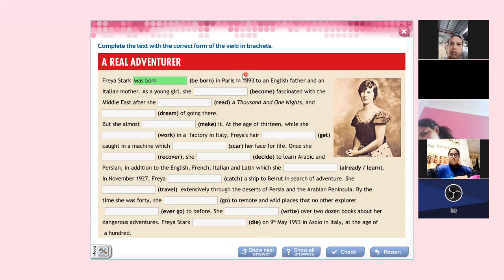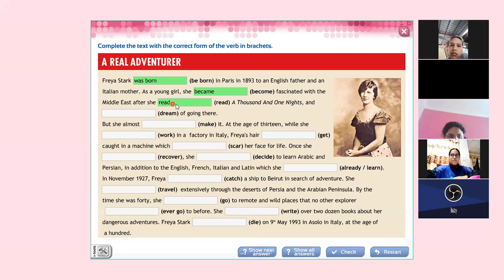In Paris in 1893, to an English father and an Italian mother. As a young girl, she became fascinated with the Middle East after she read.